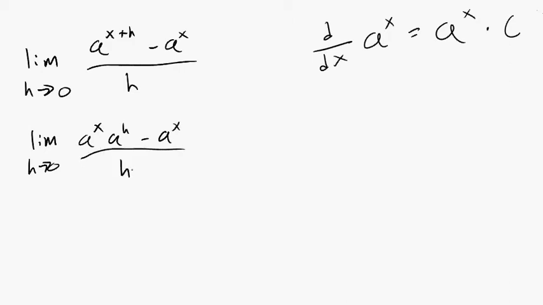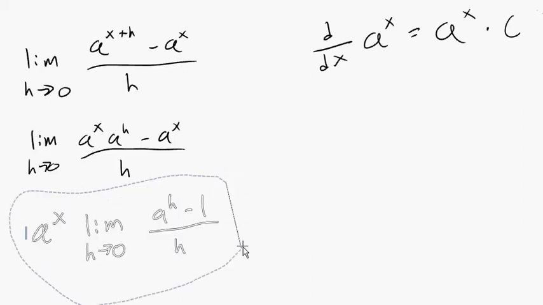And with the numerator, we can factor out an a to the x term. And since the limit's with respect to h, we can actually factor it out of the limit entirely. So we could say that that equals a to the x times the limit as h approaches 0 of a to the h minus 1 over h.